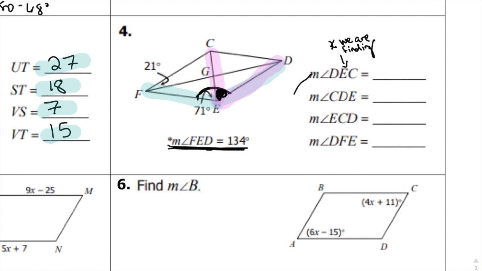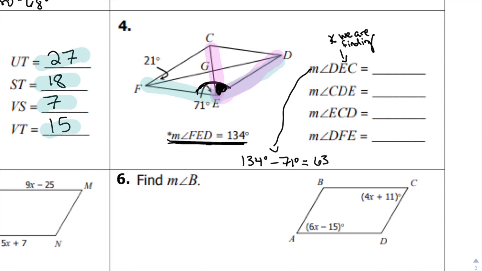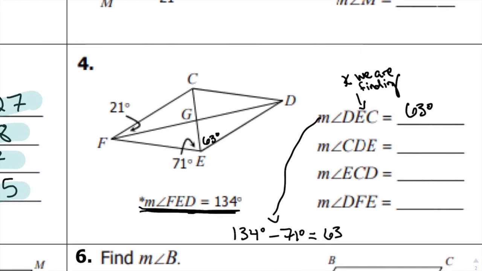So what we want to do here is 134 minus 71, and that's going to give us what's left over. 134 minus 71 is 63. So we can label this as 63 degrees.